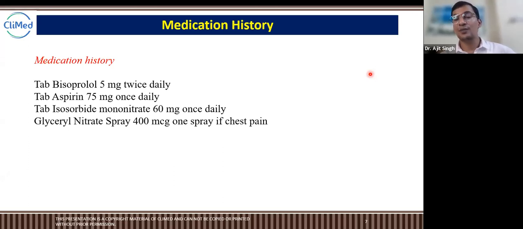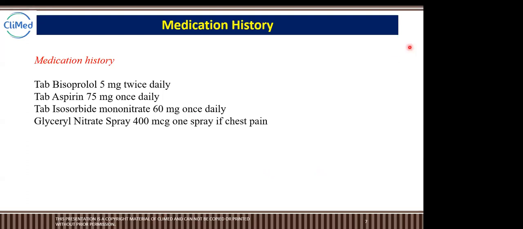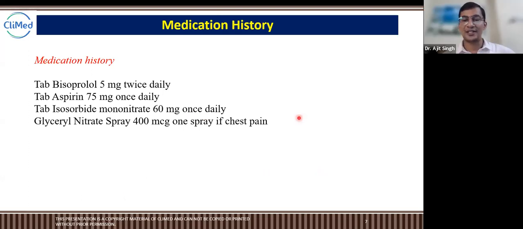So isosorbide nitrate is a vasodilator. When we give vasodilators, it maintains the blood flow, and it also reduces the pressure. Exactly, it reduces the pressure, because when we really need a dilation, we give vasodilators, isosorbide dinitrate and mononitrate.